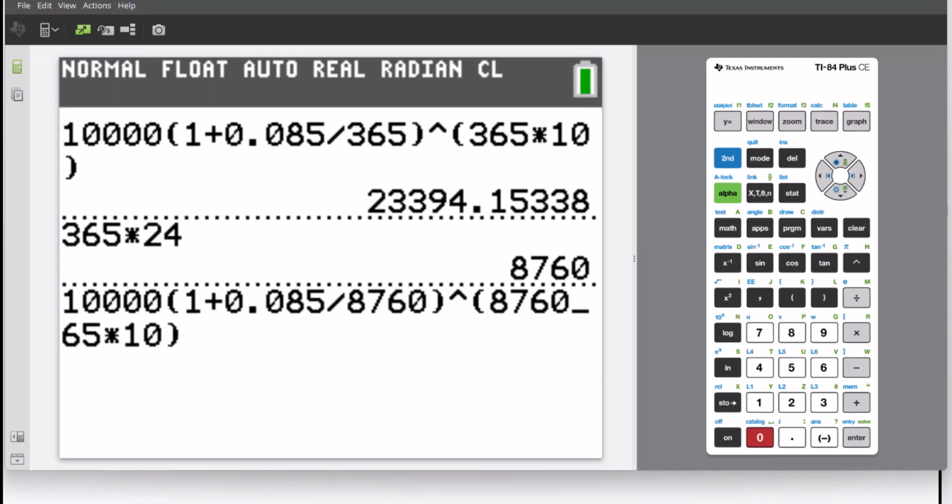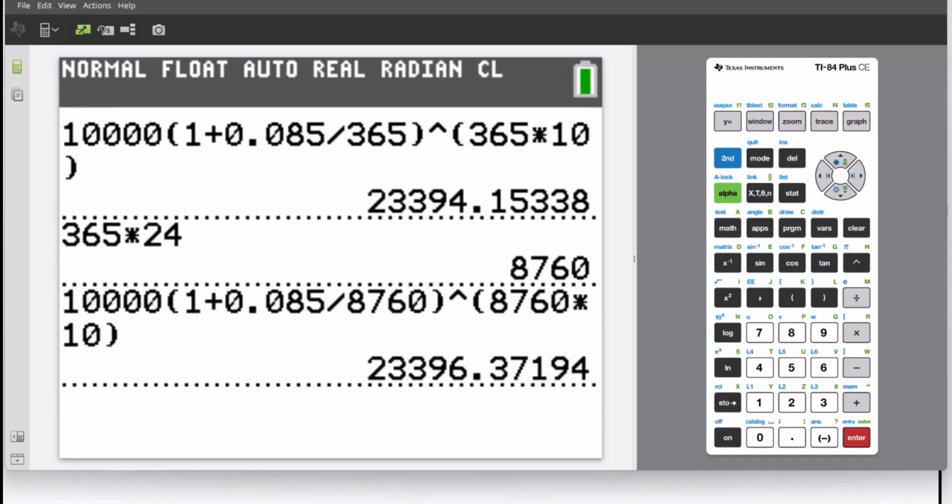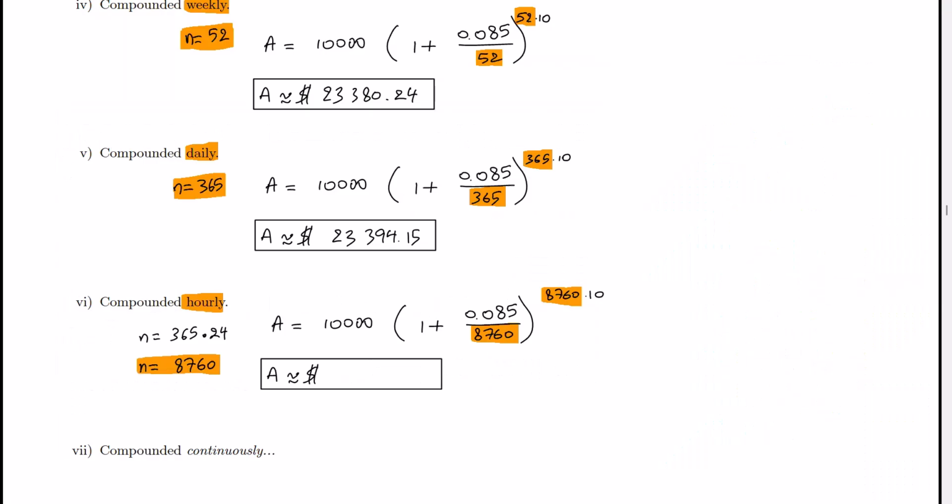And I'm going to delete the 3, the 6, and the 5. So it looks right. And here we go. 23,396.37 with 1. So we're just going to round to 37. Okay, so the answer was 23,396.37.